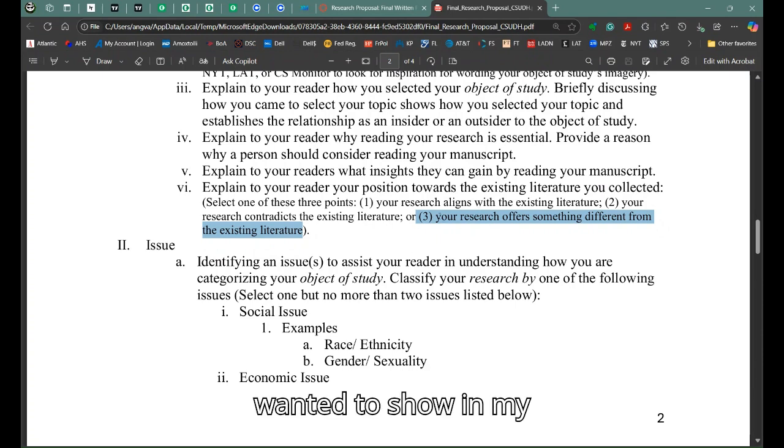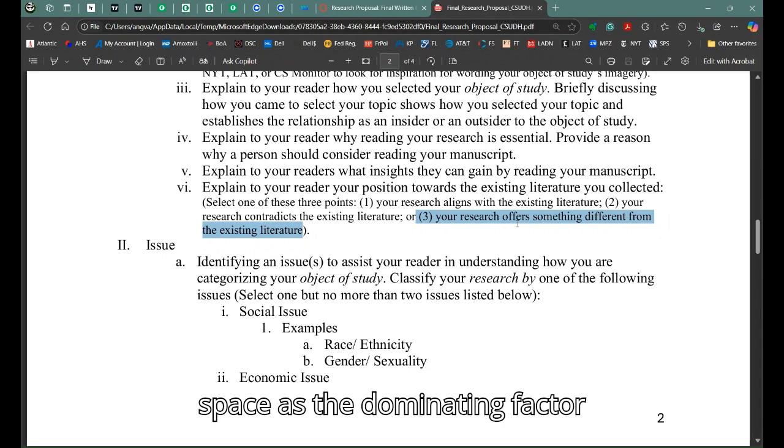So I wanted to show in my book how social space is an important element in social interactions, but I did not want to over-determine social space as the dominating factor in how people interact.